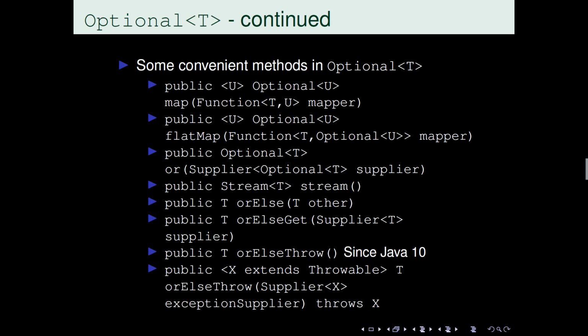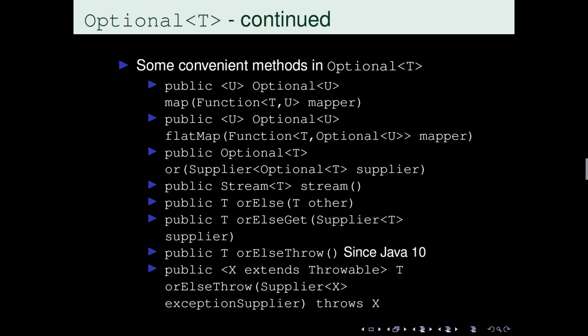And there are other methods like this. We have a method called map, which requires a function. So an optional of T can be converted into an optional of U. There is also flatMap.